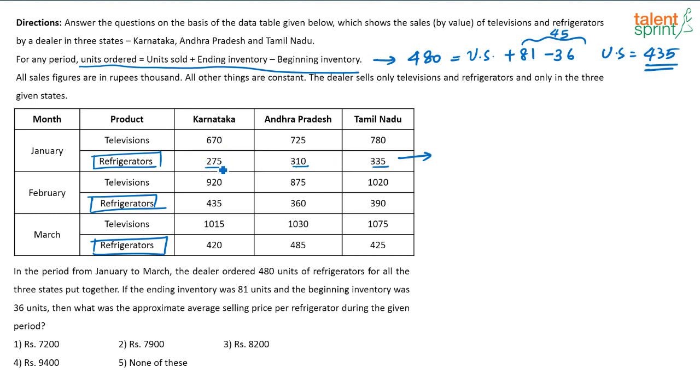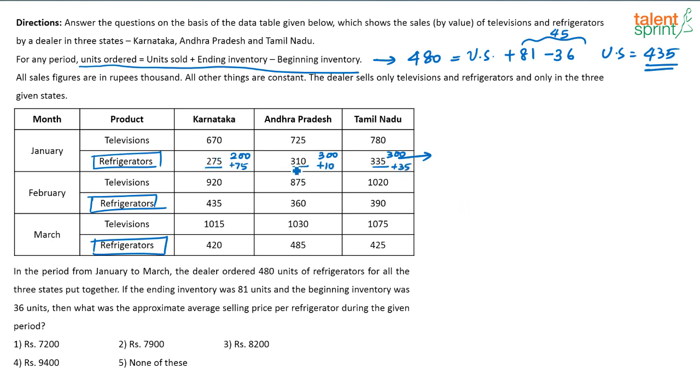This 275, just add it like this: 200 plus 300 plus 300. Add that first. 200 plus 300 plus 300, that is 600 plus 200, 800. Then you are left with 75, 10 and 35. I hope you understand what I am saying. Just split and add.